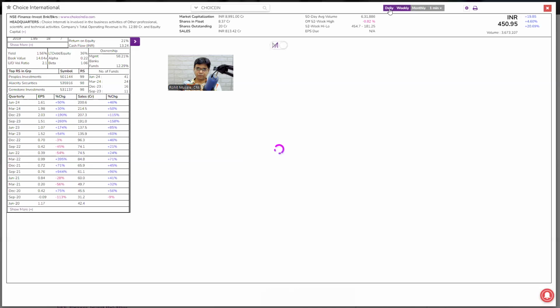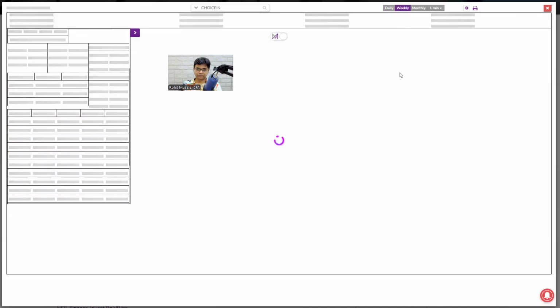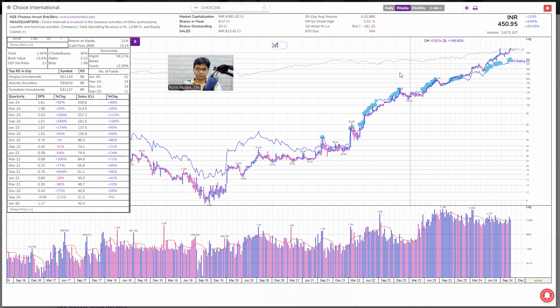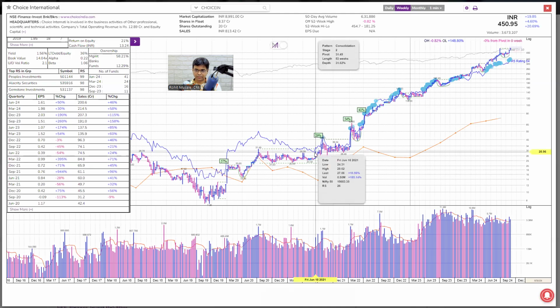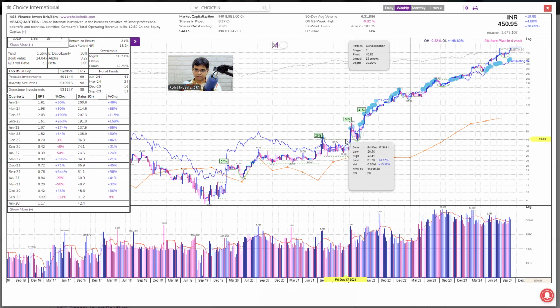If I look at the weekly chart, this is June, this is December. From December, the price was somewhere around 36. From 36, it has gone to 400.